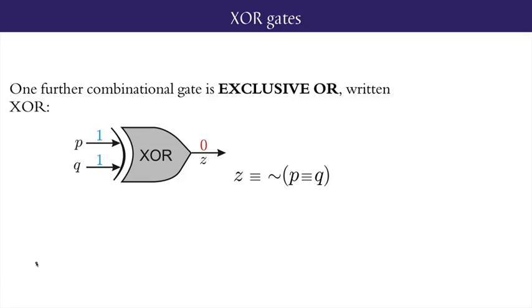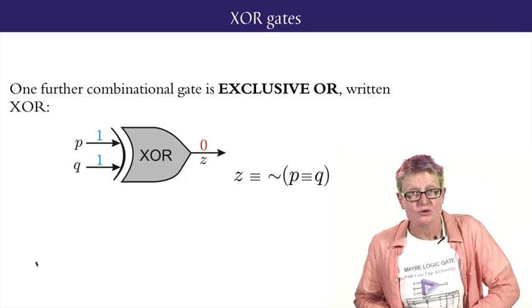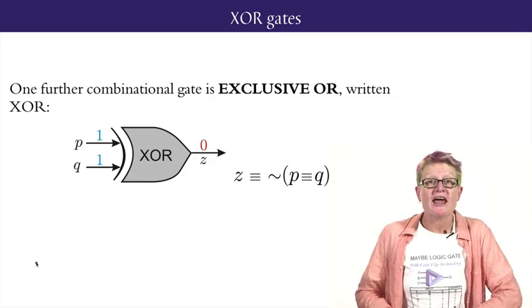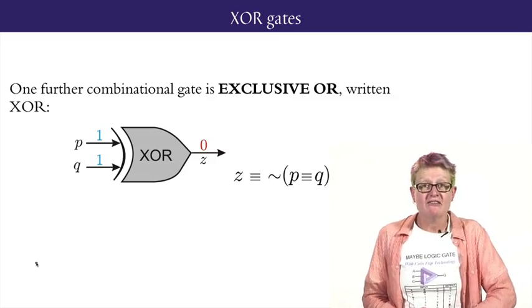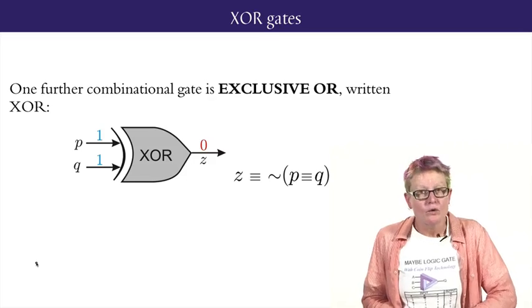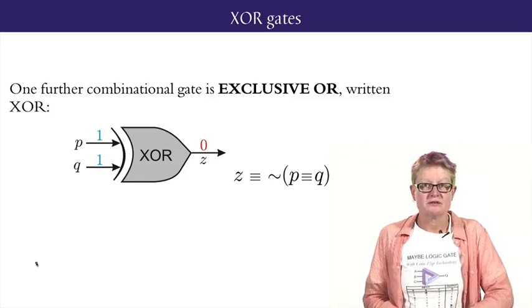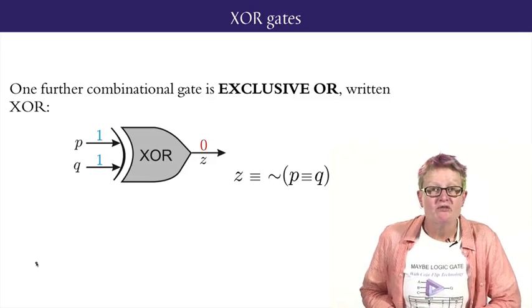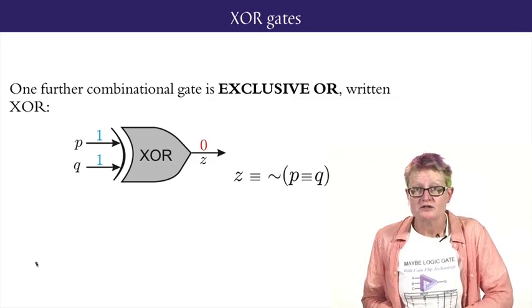One final combinational system is the exclusive OR, written XOR. It is a 2-input, 1-output system with the output 1 if and only if exactly one of the inputs is 1. Or equivalently, the two inputs have opposite bit values. Clearly, we could have built an XOR gate out of AND, OR and NOT.